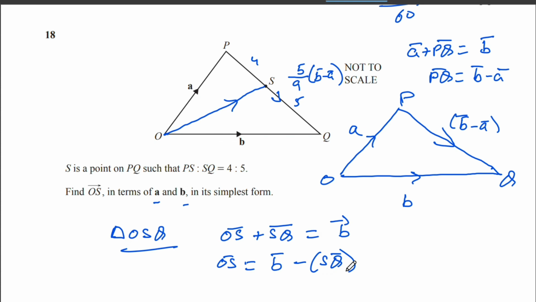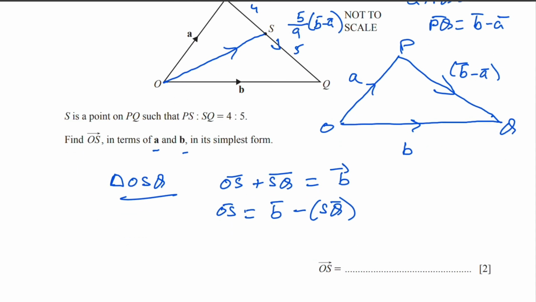Now substituting the values of SQ and doing the calculations, vector OS, which we have to find, will be vector B minus 5 by 9 of B minus A.